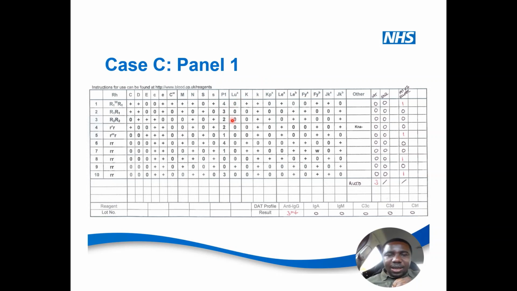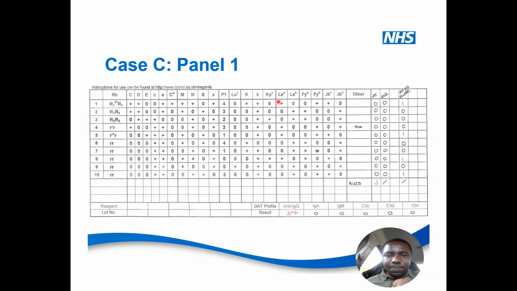P1 is positive on cell number 1, positive, but then on cell number 2 it is also positive, and this is now negative, you cancel P1. LUEA is positive on cell number 9, and cell number 9 here is negative, so you cancel LUEA. K is positive on cell number 1, positive, and on cell number 6 is positive, but negative here, you cancel K. Small k is positive on cell number 1, positive, positive on cell number 2, negative, you cancel small k.